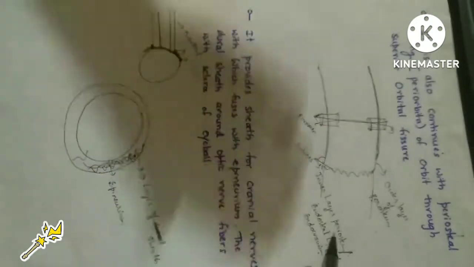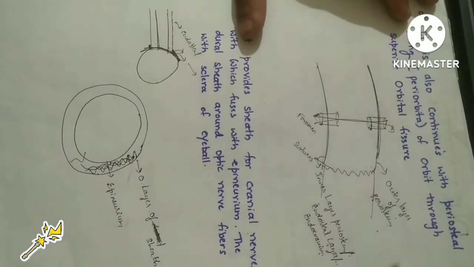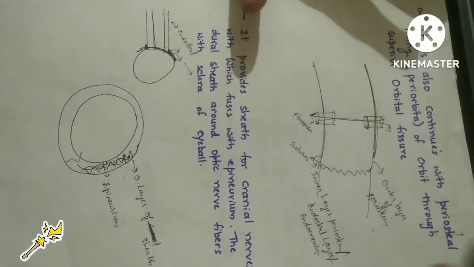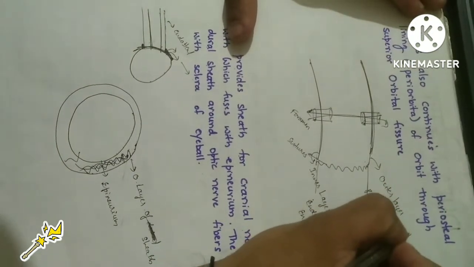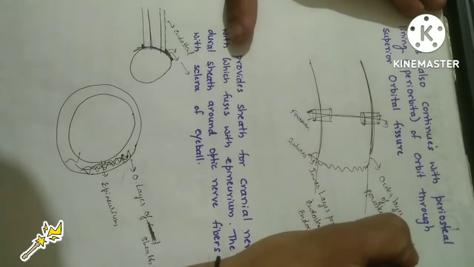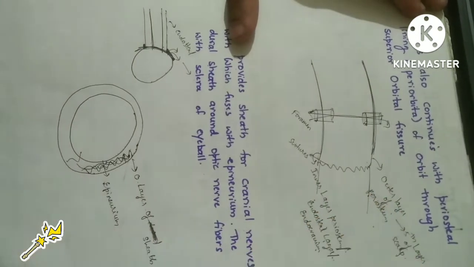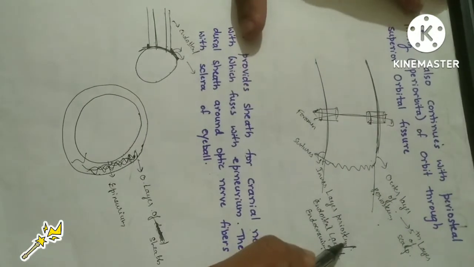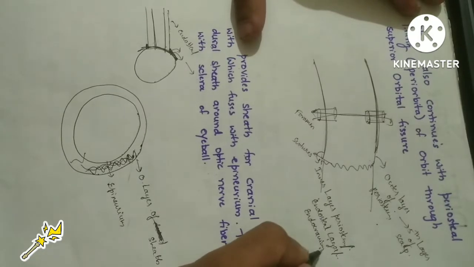The inner layer of the periosteum is also called the endosteal layer or the endocranium, whereas the outer layer of the periosteum constitutes the fifth layer of the scalp. The inner layer of the periosteum is the outer endosteal layer of the dura, also called the endocranium.